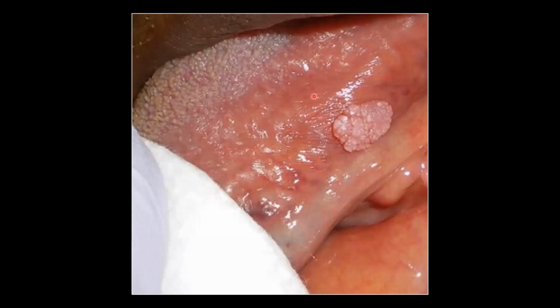This is an example of another condyloma. Condylomas are sexually transmitted. Most of the time, it's transmitted by direct contact from genitals to oral cavity. That's when we see oral lesions. If you look at this, you may call it a papilloma, and you may think, okay, verruca vulgaris.